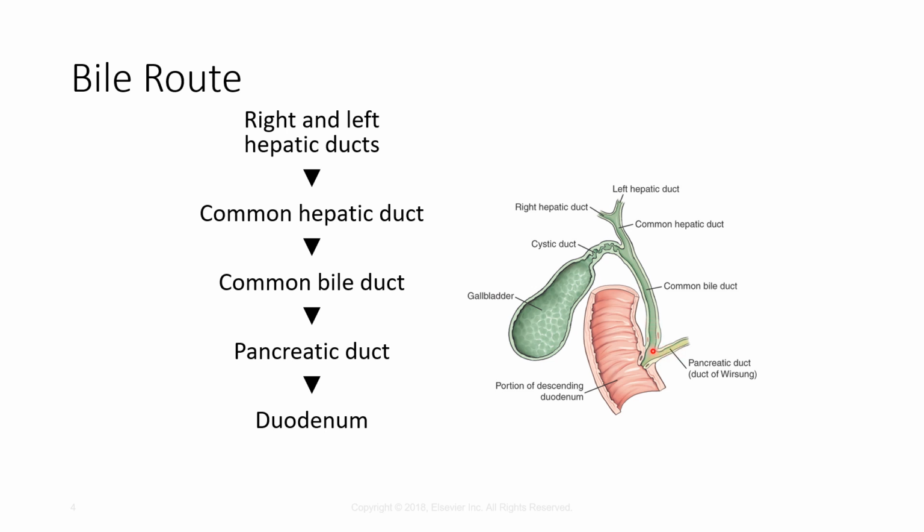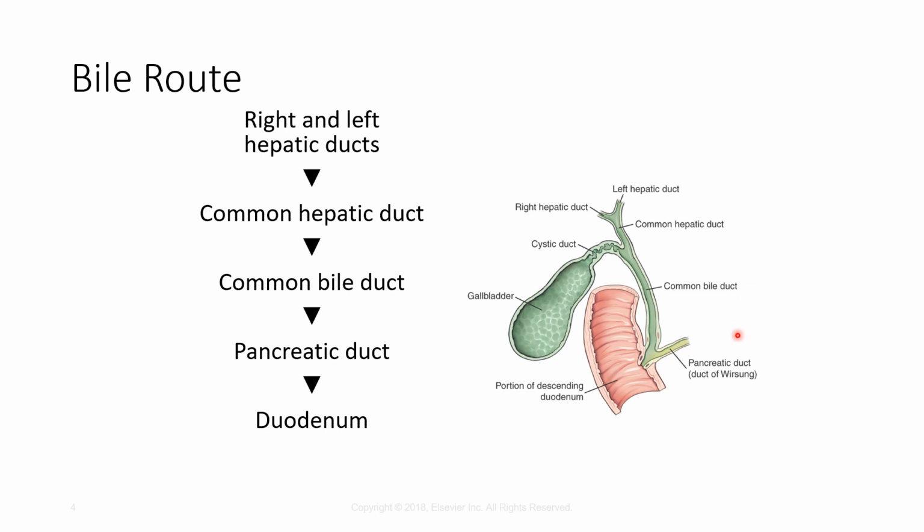It could potentially join the pancreatic duct, and all of the bile and the pancreatic enzymes would dump into the descending duodenum. If the bile was not needed right then, it would be made in the liver, come down the left and right hepatic duct into the common hepatic duct, and then it could pass through the cystic duct and be stored in the gallbladder for later use.